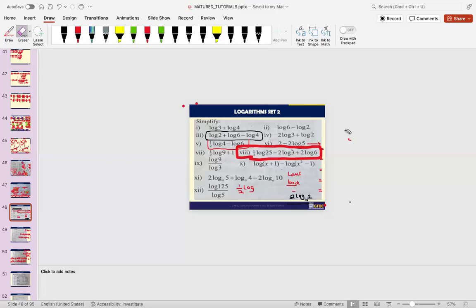Let me write the question up here to get it more visible. So this is question number 8.